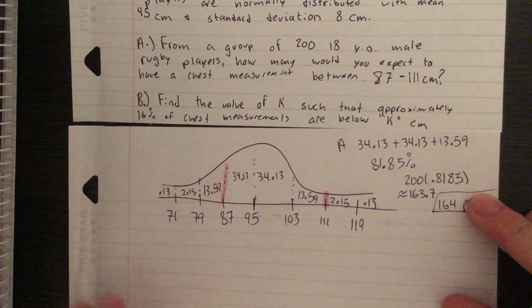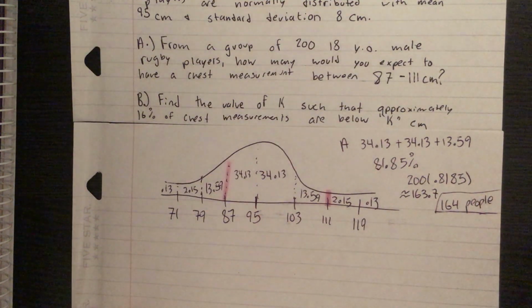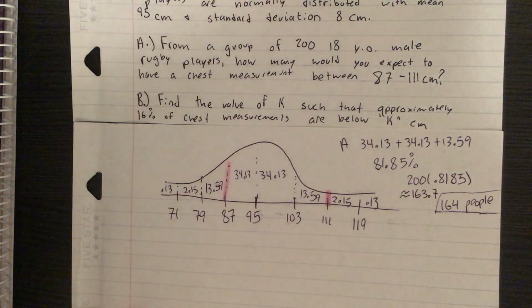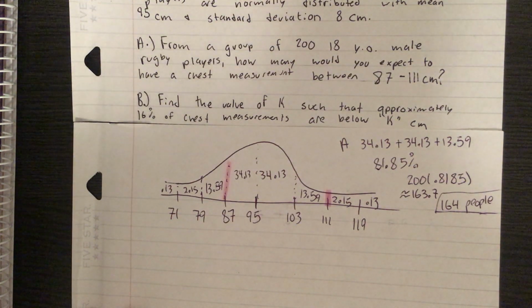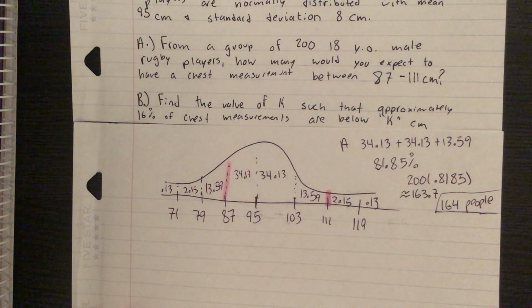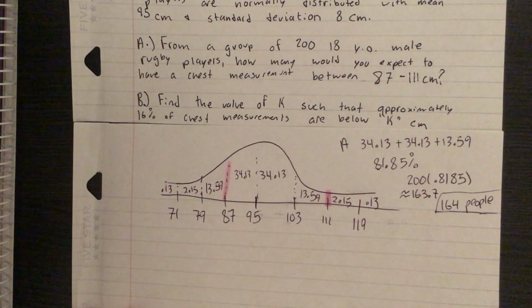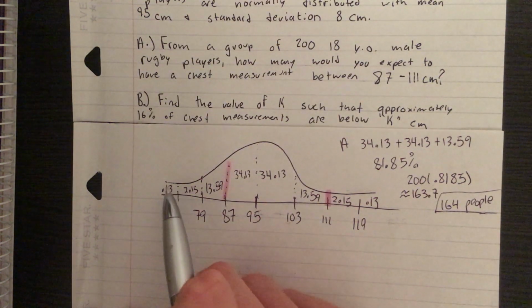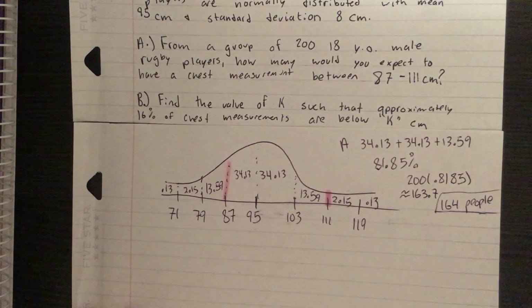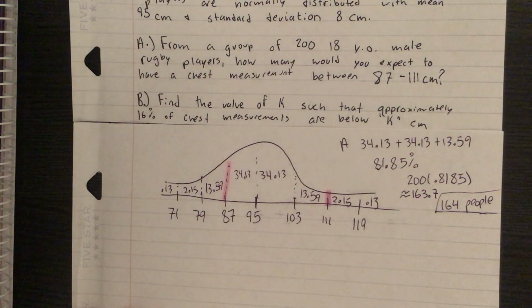Then for B here, we want to find the value of k such that approximately 16% of chest measurements are below it. Think to yourselves real quick, how could we figure that out using this curve? About where would the bottom 16% be?